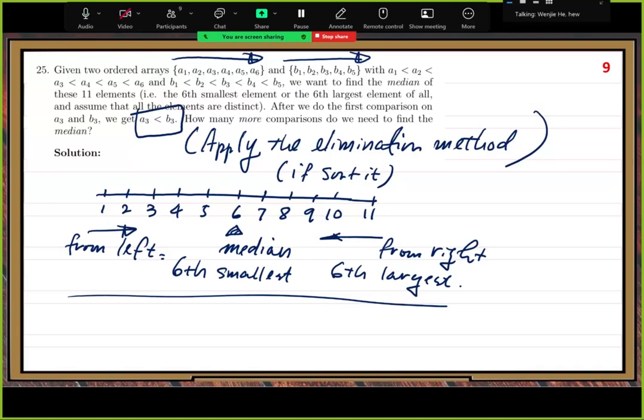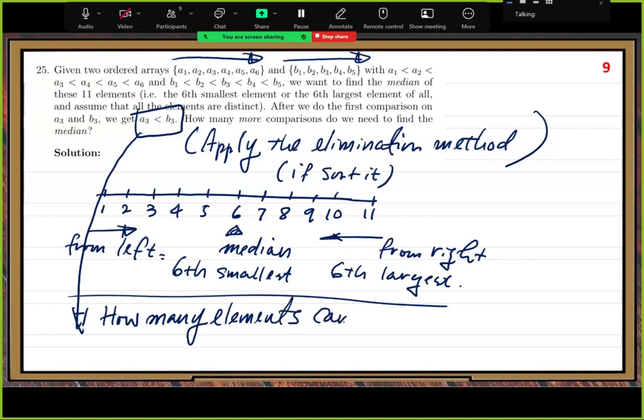Then, given the condition a3 less than b3, how many elements can be eliminated for the median?